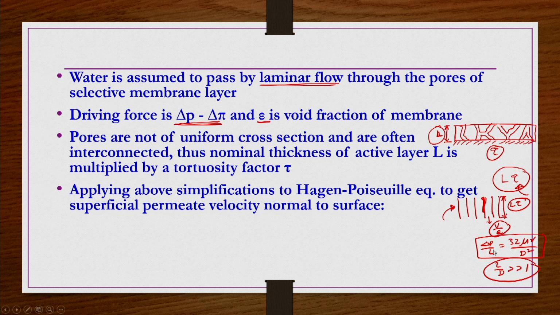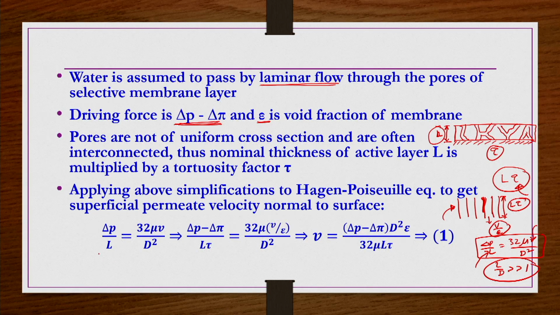But with a modification, this L has to be multiplied by tau, and this V has to be divided by epsilon, in order to bring in the effect of the voidage through which only the permeate is flowing. When we do this, we get this. 32 mu V by d square is nothing but delta P by L, and the driving force for the flow is not a simple pressure drop, but there is also an effect of osmotic pressure.